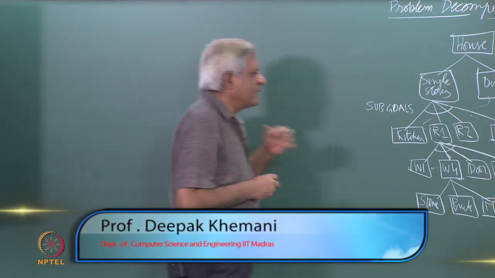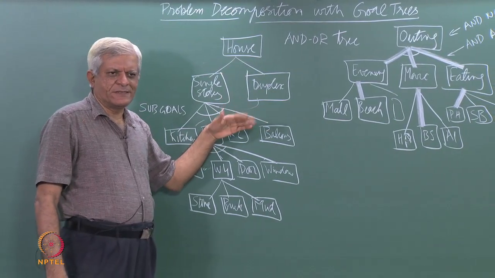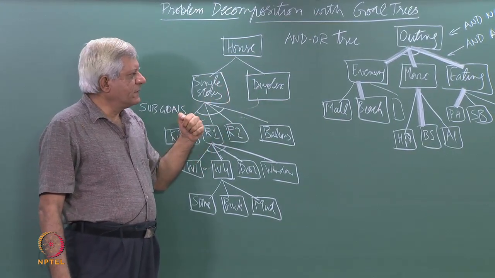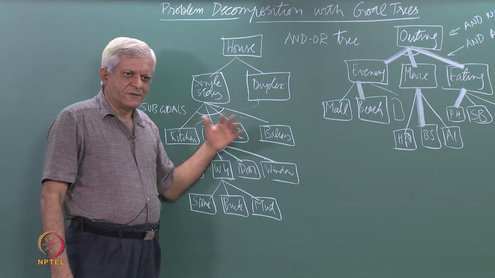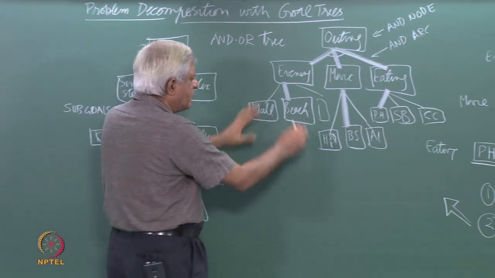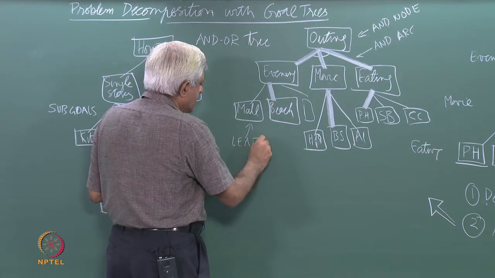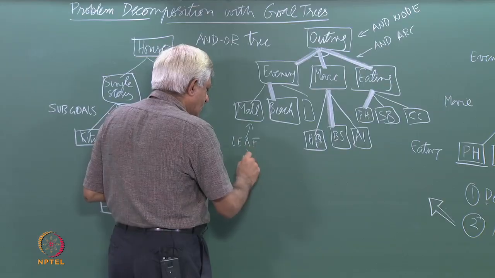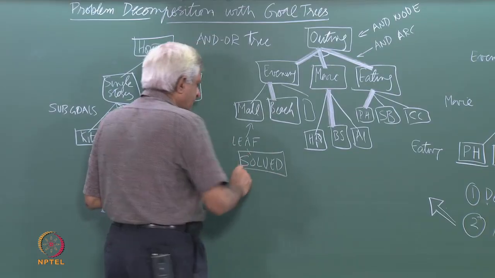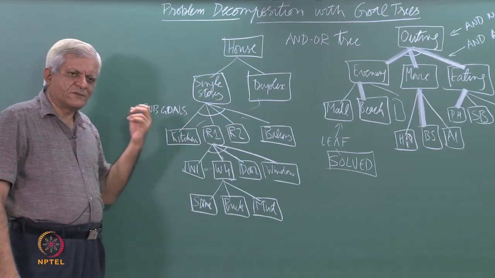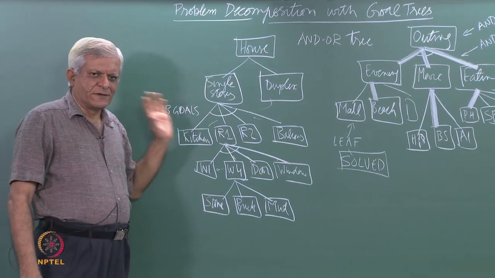Now, keep in mind that there are two kinds of costs that are going to be involved. One is the cost of transforming a problem into sub problems, and the second is the cost of solving the sub problem and so on. At the end of this, the leaf nodes in the tree would be solved nodes, and solved nodes of course would have an associated cost with it, depending on the domain.